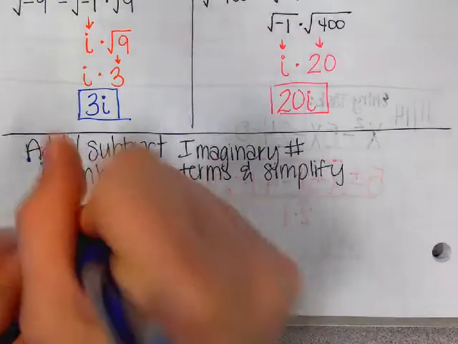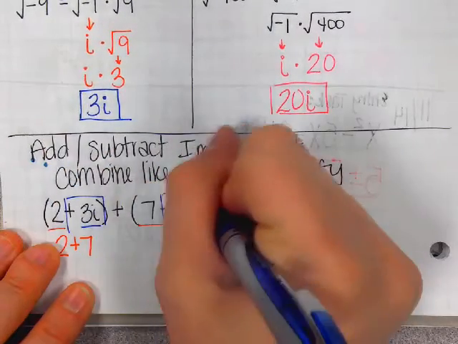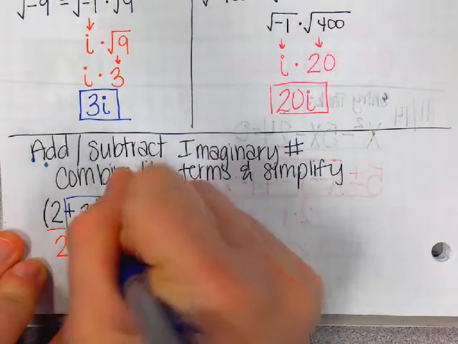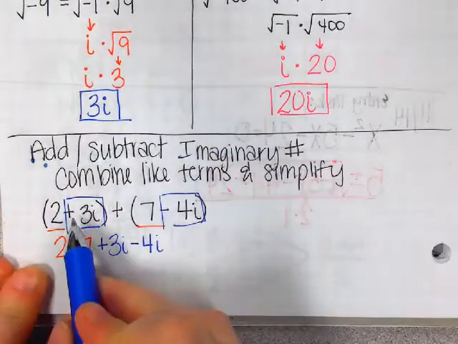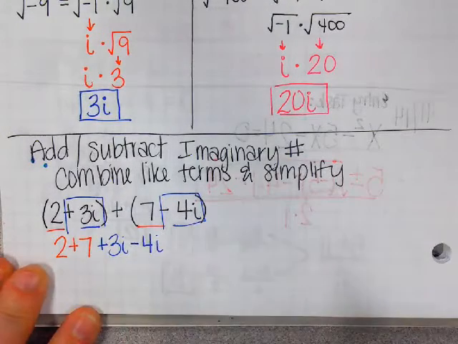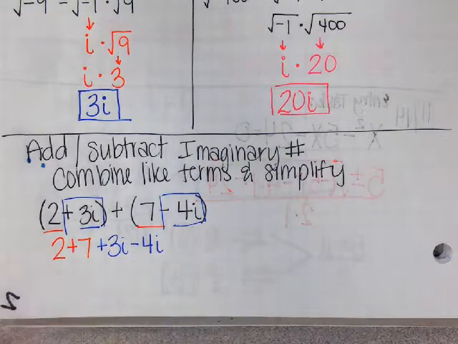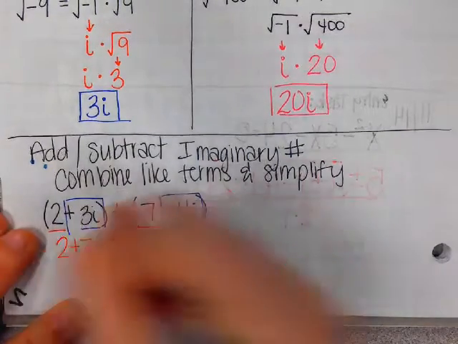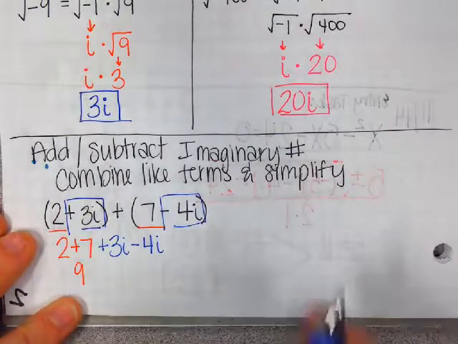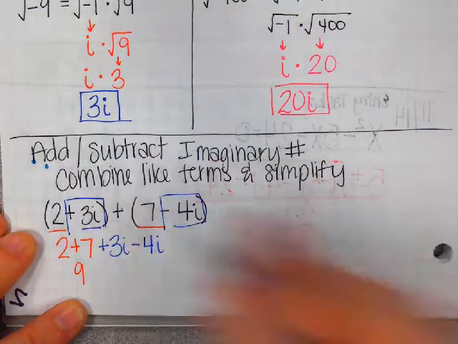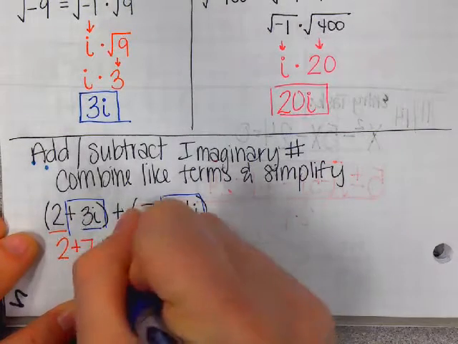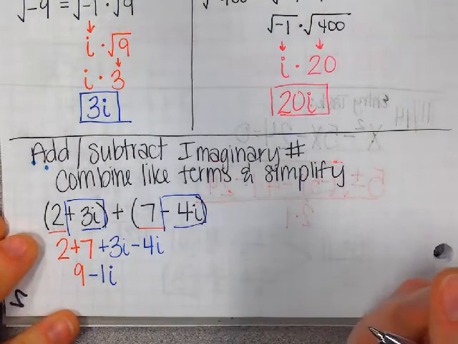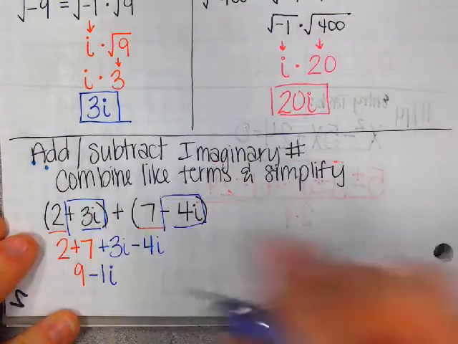and then 3i and -4i. So 3i, minus 4i. Remember, don't forget to take the sign with it, or you will end up with the wrong answer. So 2 plus 7 is 9. And then 3i minus 4i. 3 minus 4 is -1i.